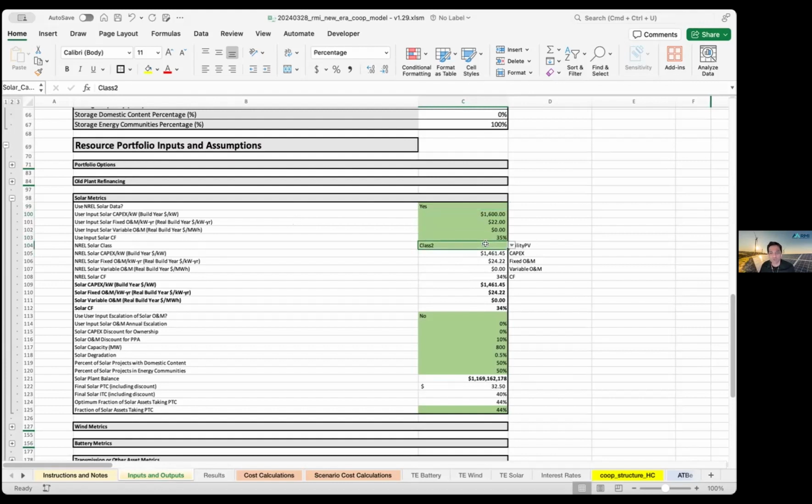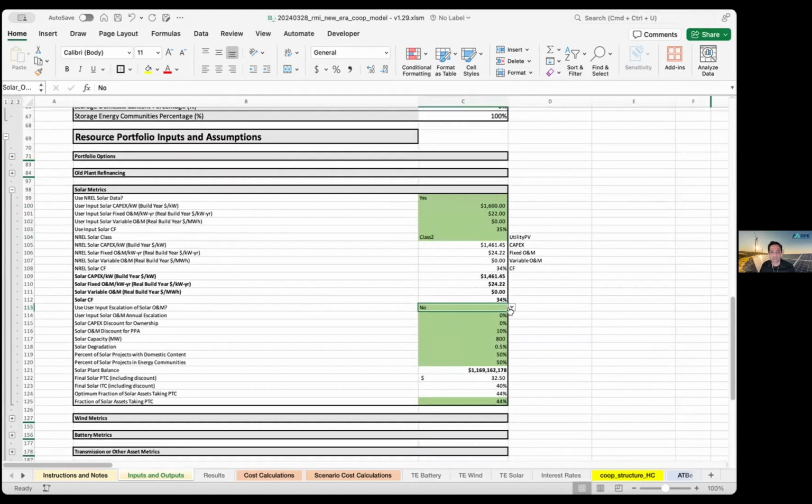You can also choose an NREL solar class or wind class here, so you can also allow the model to pick an appropriate capacity factor depending on the specific class of resource that you think you may have. So with that, you also have some other options here in terms of the asset itself.